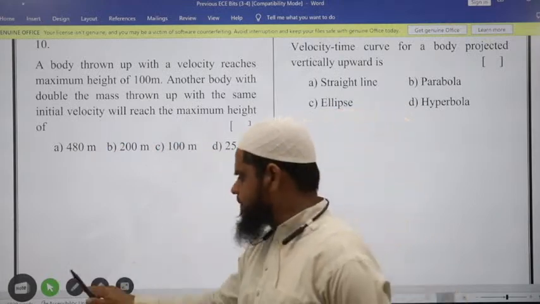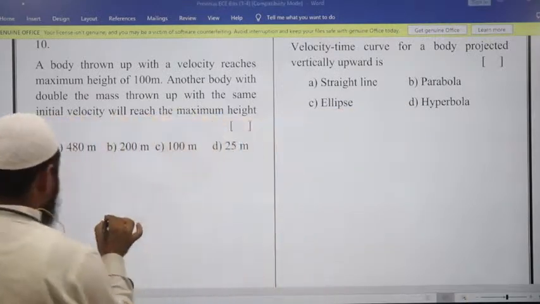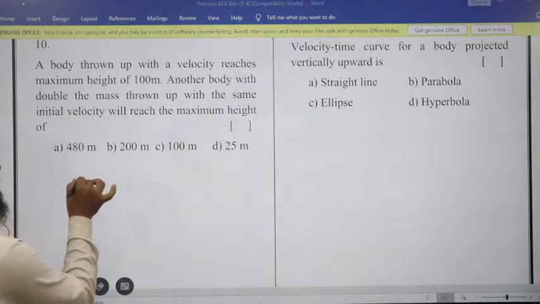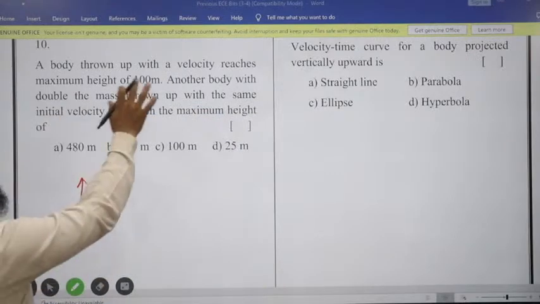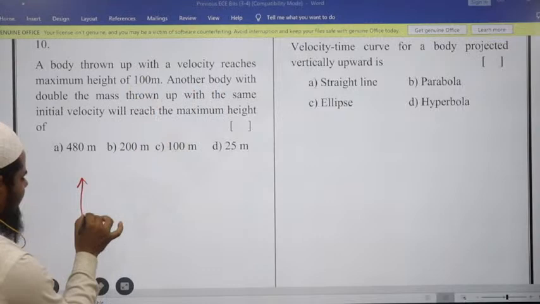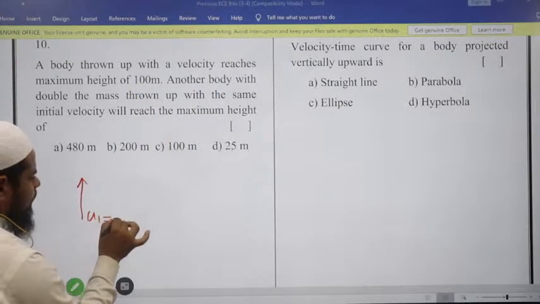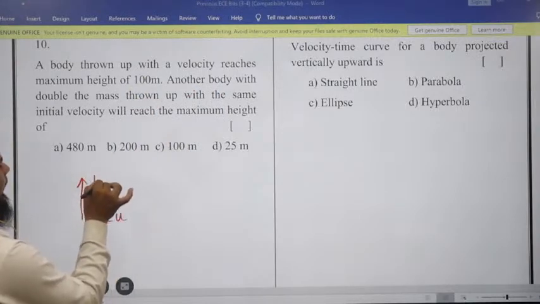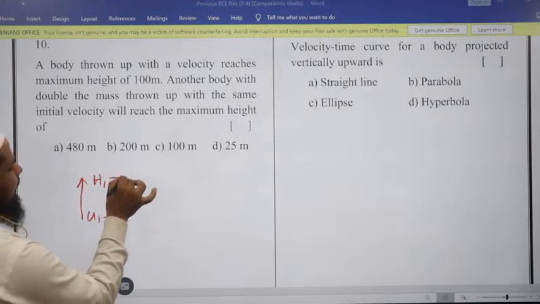So what he has given, look at this: a body thrown up with velocity, consider it as u, reaches a height of 100 meters.